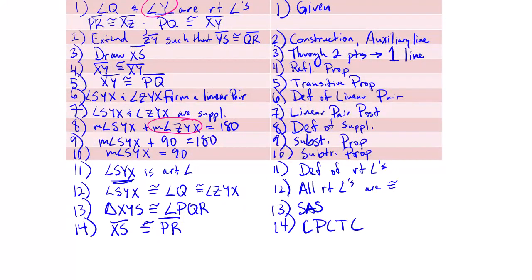Okay, and if XS is congruent to PR, I already know that XZ is congruent to PR, right? So that means that XS must be congruent to XZ. And I know that by the transitive property of congruence.